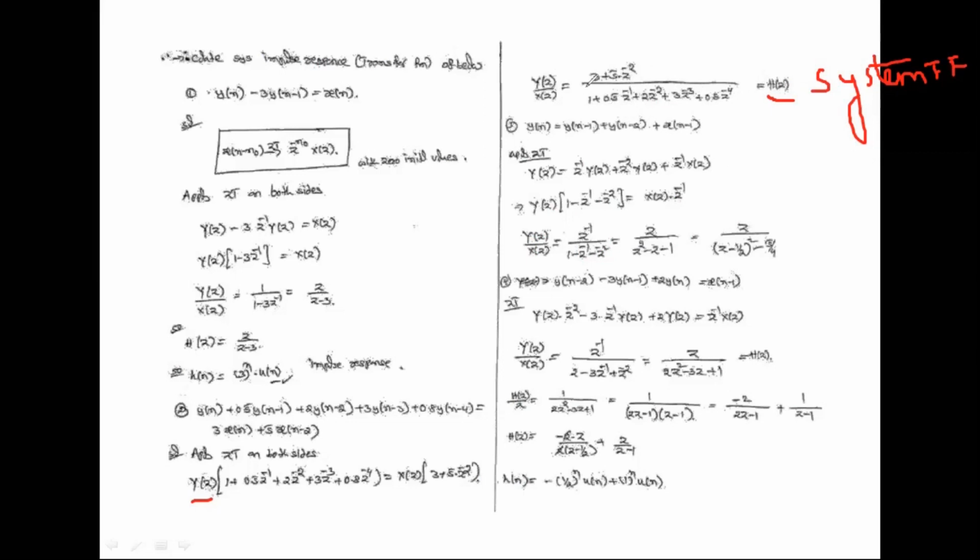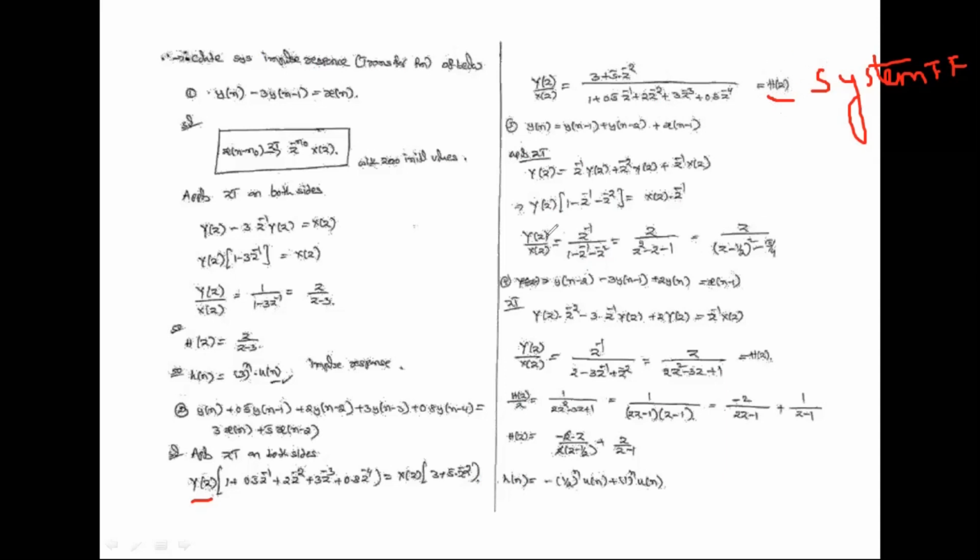Now, you can find out the factors here. You can find out the factors in the denominator, and by using the partial fraction method or residue method, whatever method you can use, to find the impulse response from h of z.